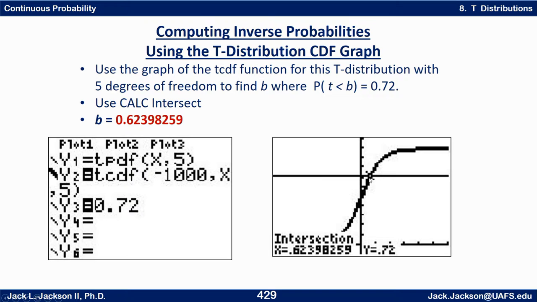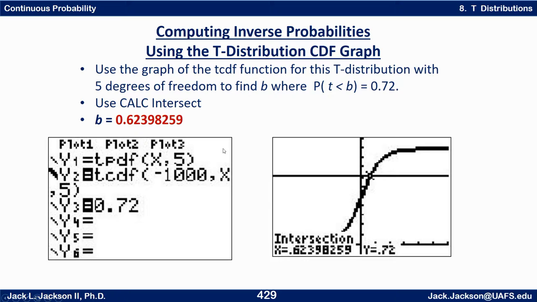You have a horizontal line, calculate the intersection, and the x value there is the value of B that we're looking for. So B is 0.62398259, though we would probably round off somewhere less than that. The probability that T is less than that is 0.72.